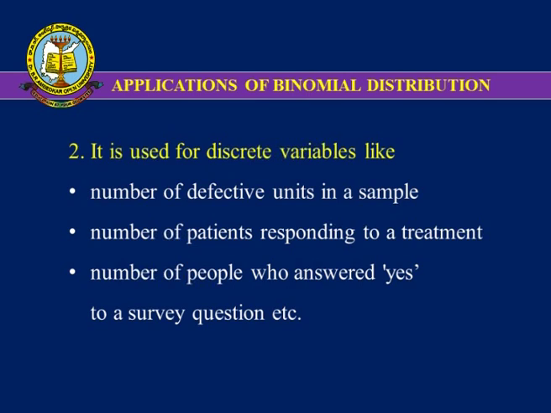For example, in a questionnaire we give 30 questions, and according to the students, some will answer yes and some will answer no. Out of 30, some may answer yes, and some do not. We can count out of n how many yes and how many no. Yes is termed a success, no is termed a failure.